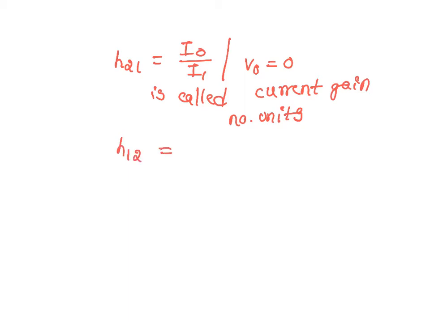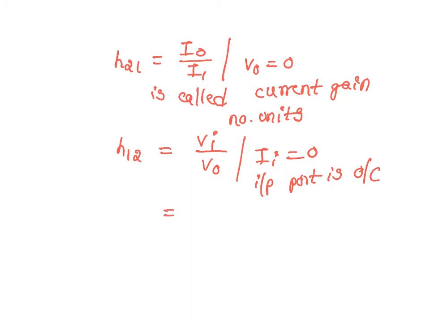H12 is nothing but Vi by V0. This is possible when Ii is equal to 0, that is, input port is open circuited. So this is called reverse voltage gain. This parameter also has no units.